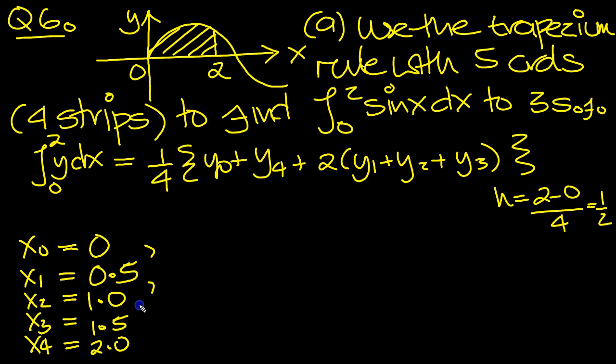And then we're dealing in radians, of course, so sine of 0 equals 0. So that's the first y ordinate. So I better write that in: y0, y1, y2, y3 and y4.